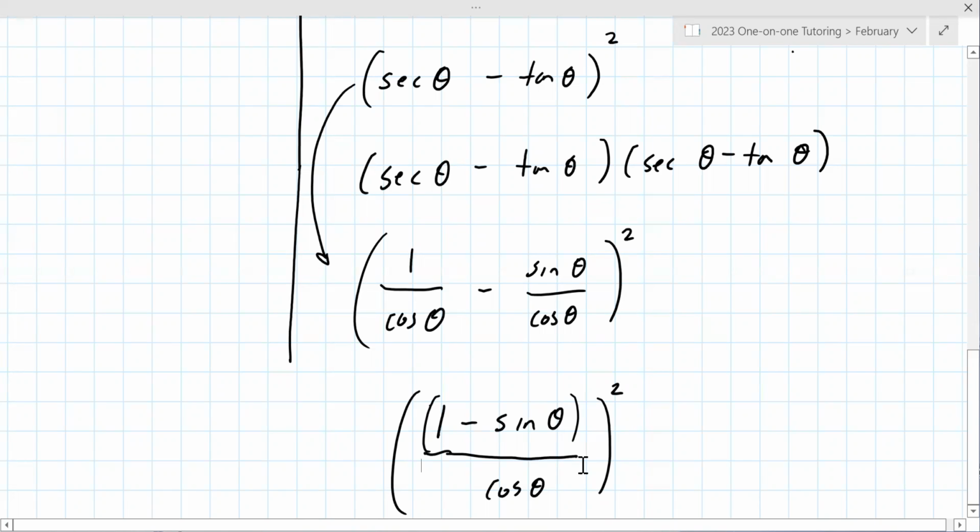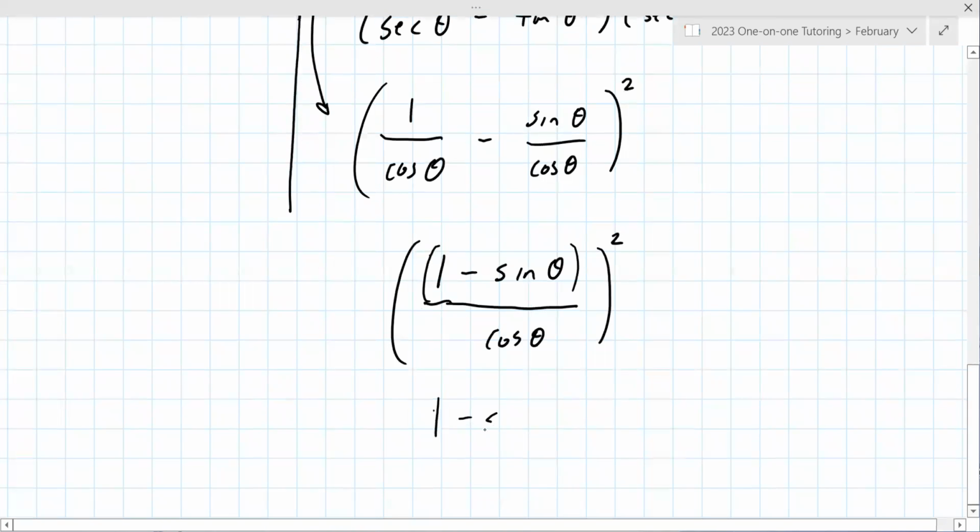What if you were to square the top and bottom? So it'd look like this, squared over cosine squared theta, like that.